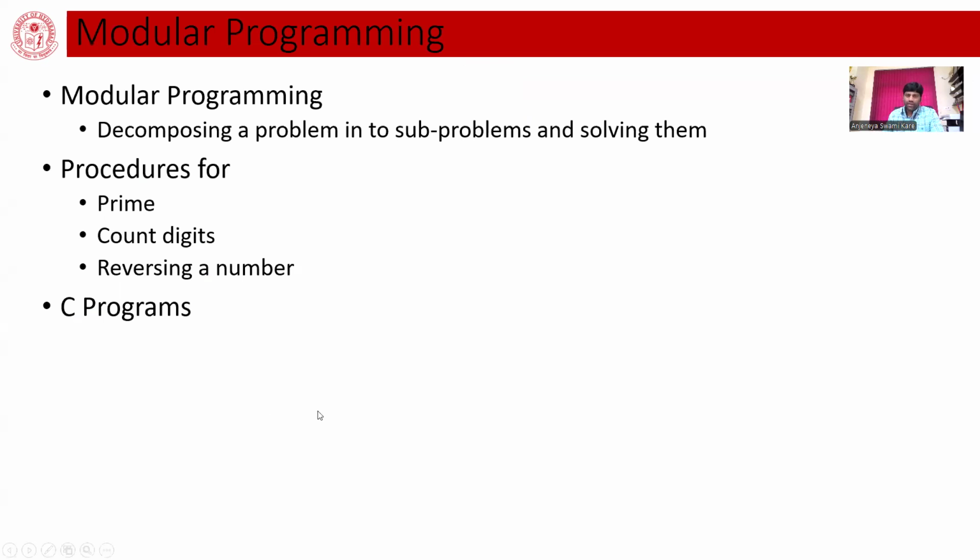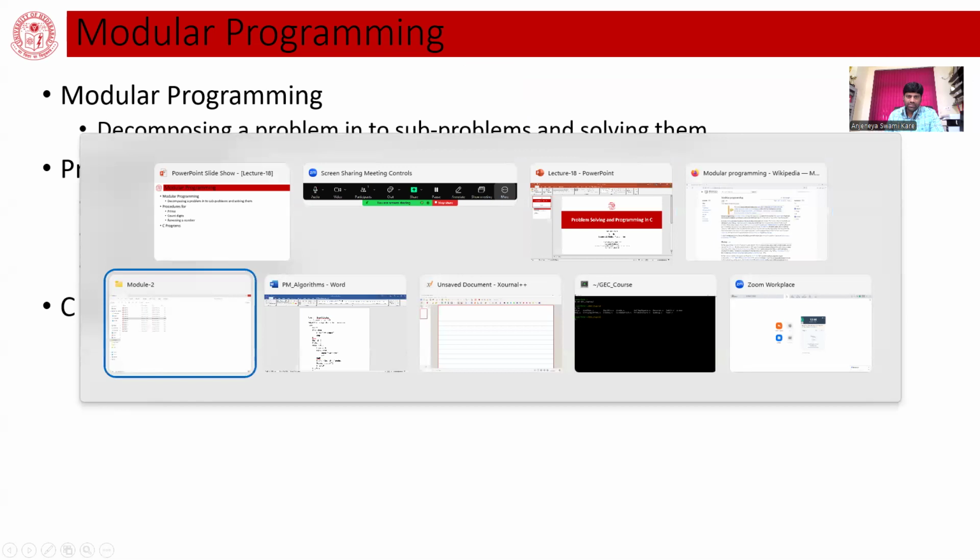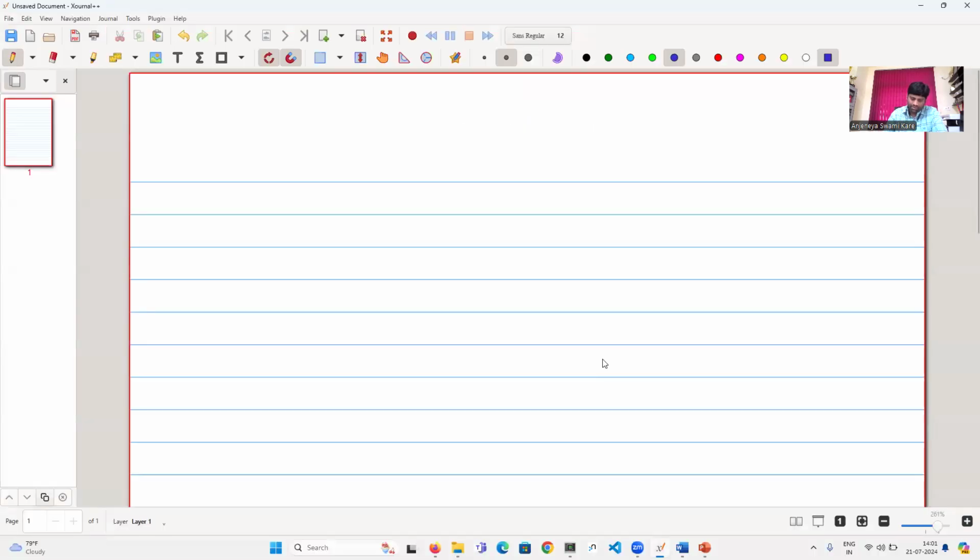Let us see what it means. For example, suppose I have a black box here. I call it a module. It takes some input, some A, and gives me the check.